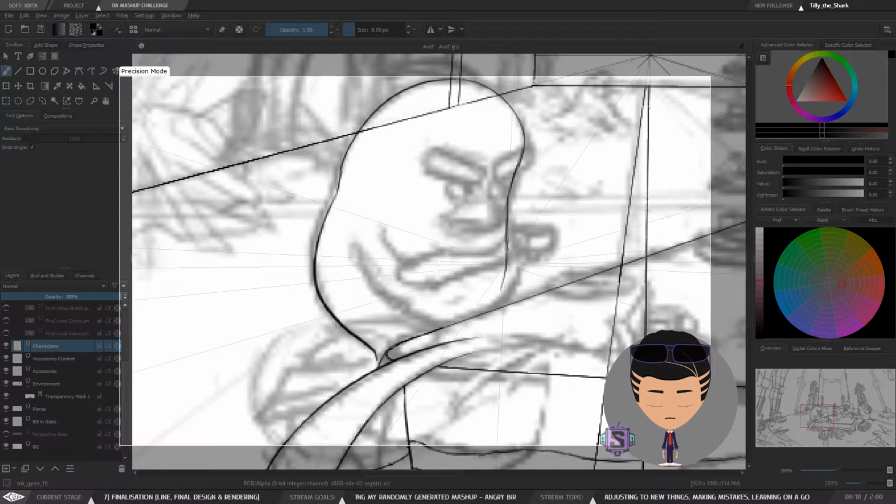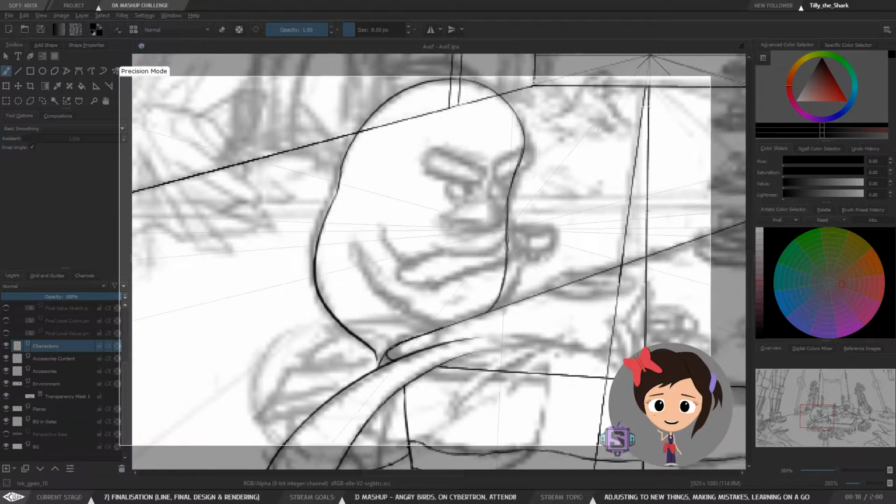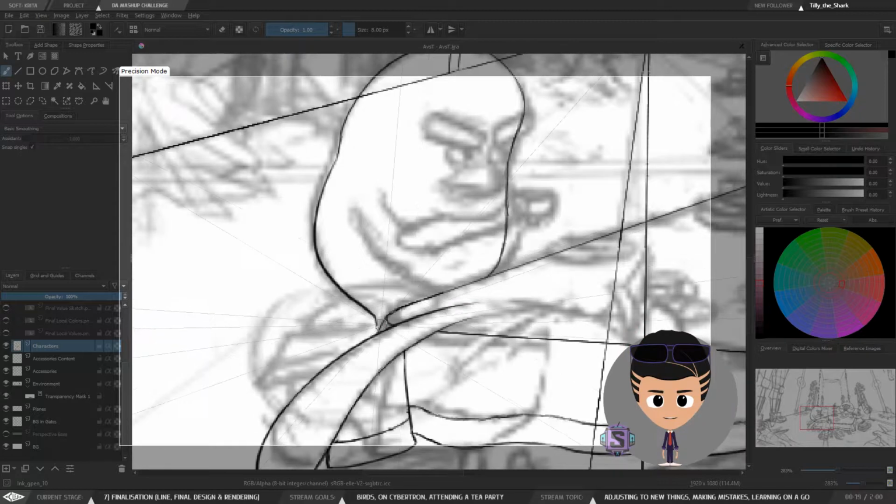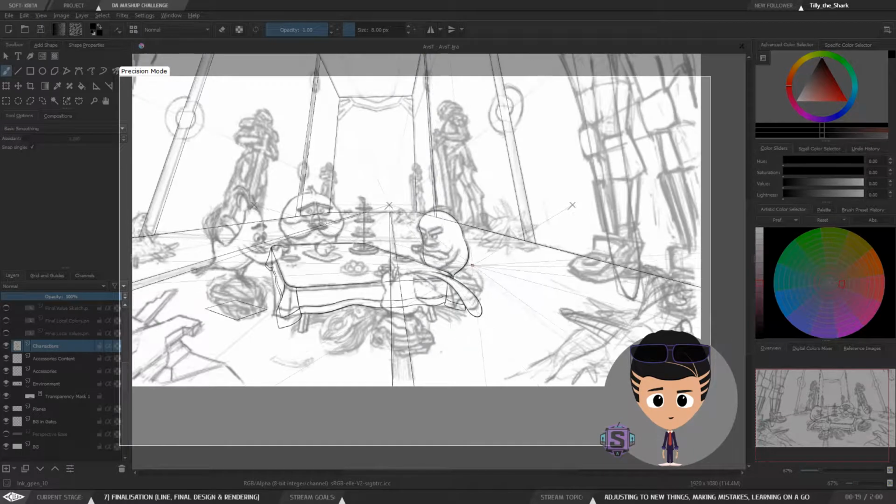His body probably goes somewhere in here. This is a part of his leg. Slightly going to see it.